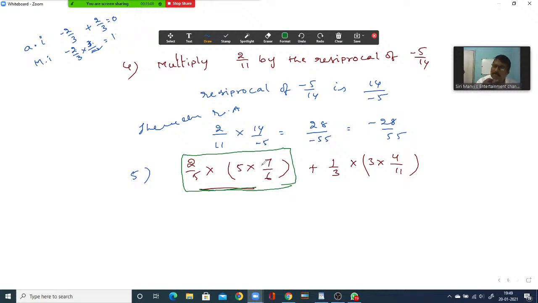When there are 2 numbers, commutative property. When there are 3 numbers, associative property. So multiplicative associative. Come on, what can you hear here?